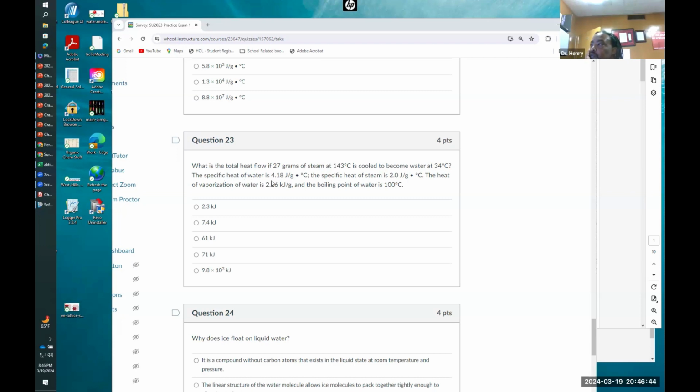The specific heat of water is 4.18 joules per gram degree Celsius. The specific heat of steam is 2.0 joules per gram degree Celsius. The heat of vaporization of water is 2.26 kilojoules per gram, and the boiling point of water is 100 degrees Celsius.